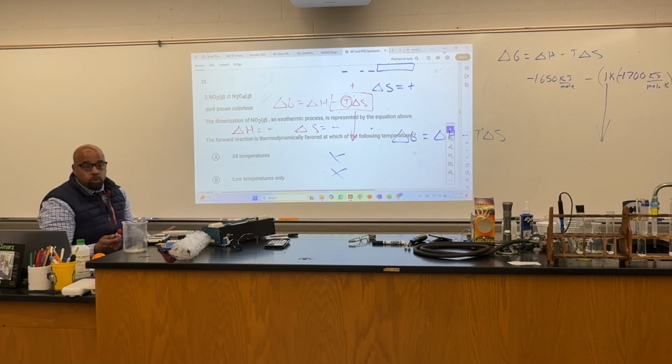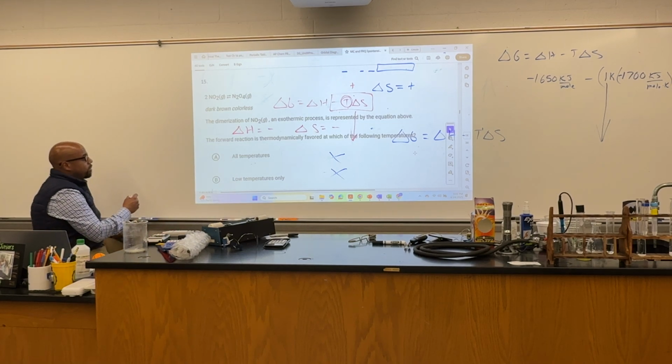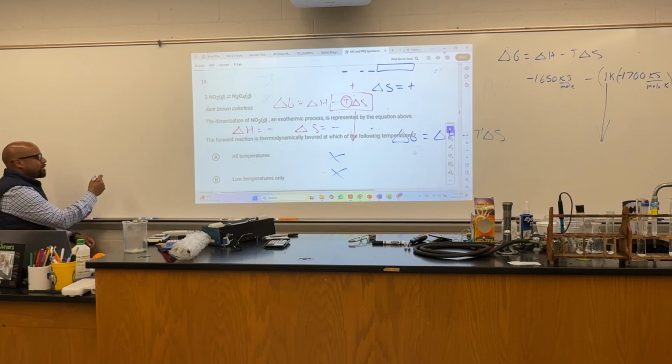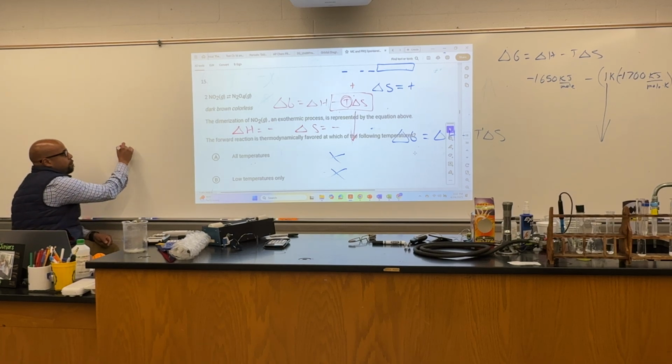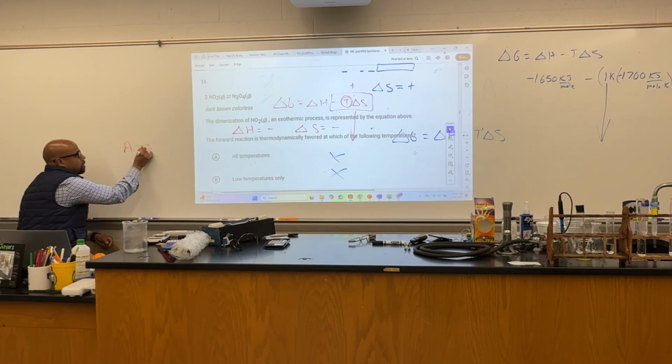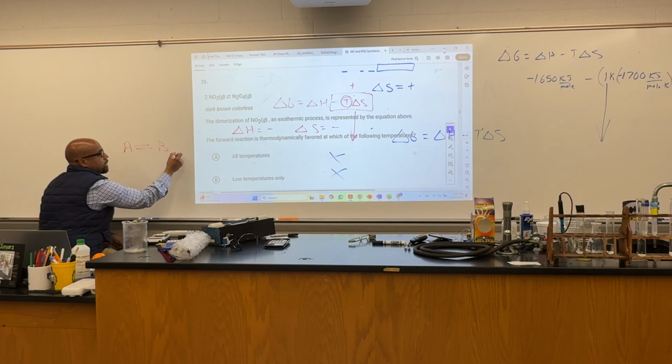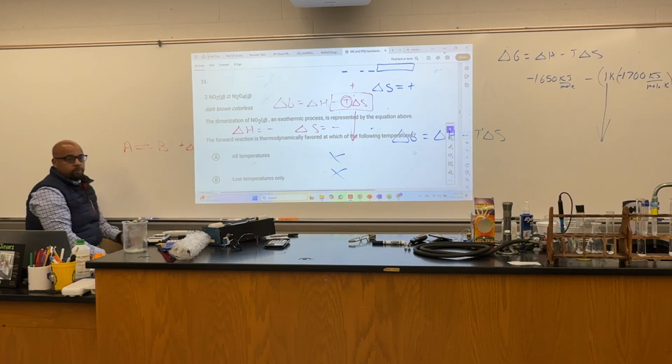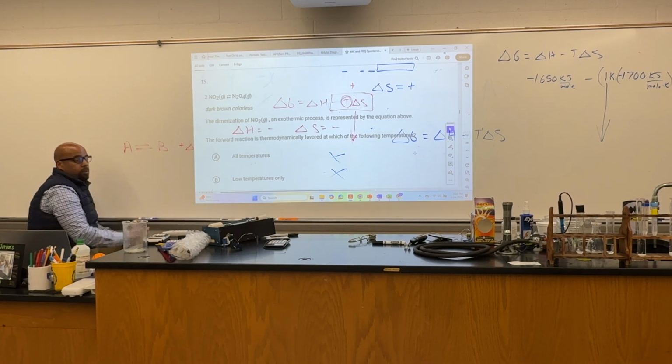Basically, even with the equilibrium, like when we see equilibriums, and I think I might have touched on this yesterday in that video, if I have A going to B, and say this thing happens to be exothermic, and it's in equilibrium, so long as I keep the temperature the same, it's going to be in equilibrium.